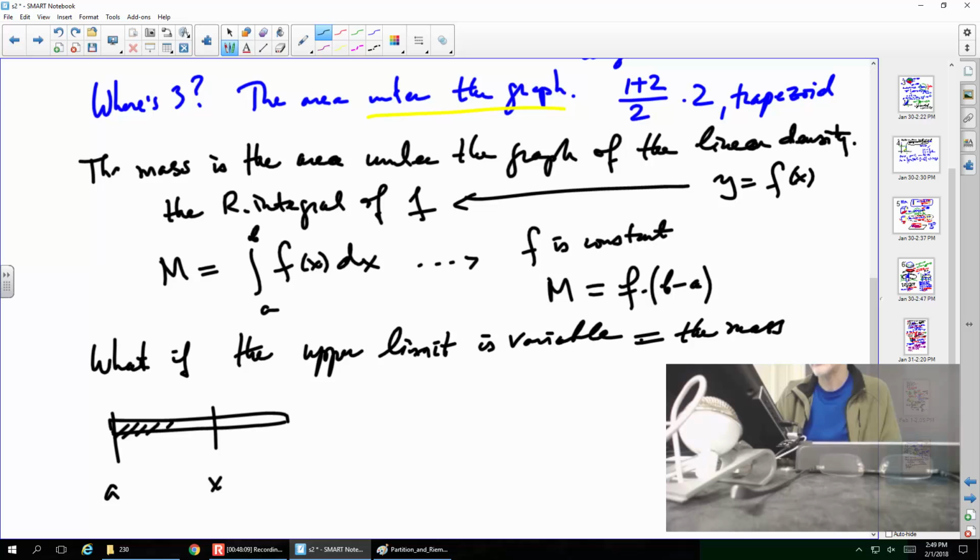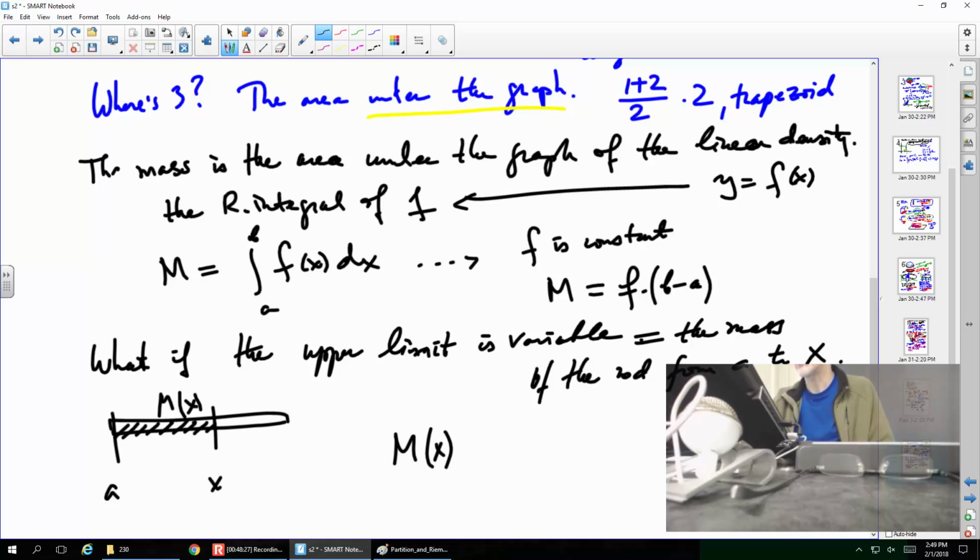So this is the only thing that we're talking about. So this is my m, as it depends on x this time. So the mass of the rod from a to x. Okay, so m of x.